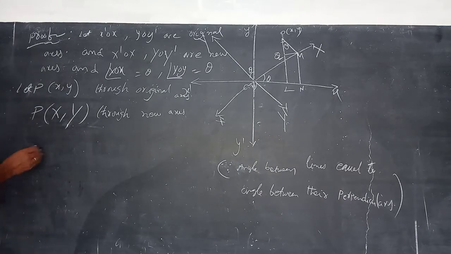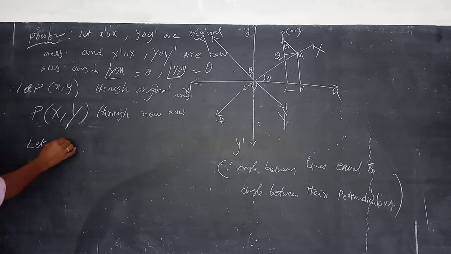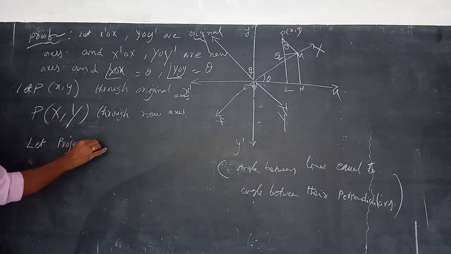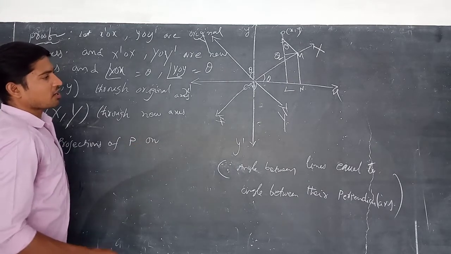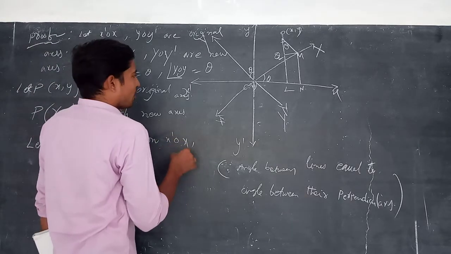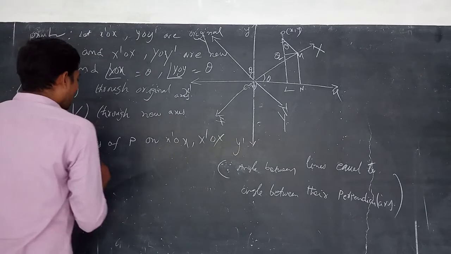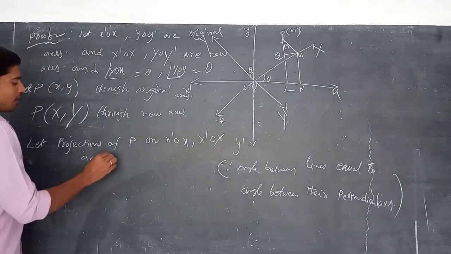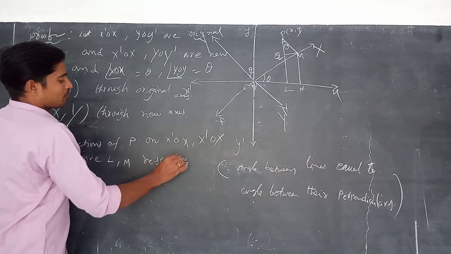And let the projections of P on X dash OX, X dash OX be L, M respectively, right?